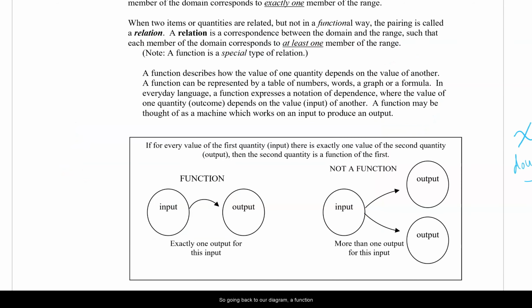So going back to our diagram, a function has exactly one output for every value of input. But something that's not a function, or in more general, a relation, there's an input that has more than one output. So remember, the important thing about the function, each input goes to exactly one output.